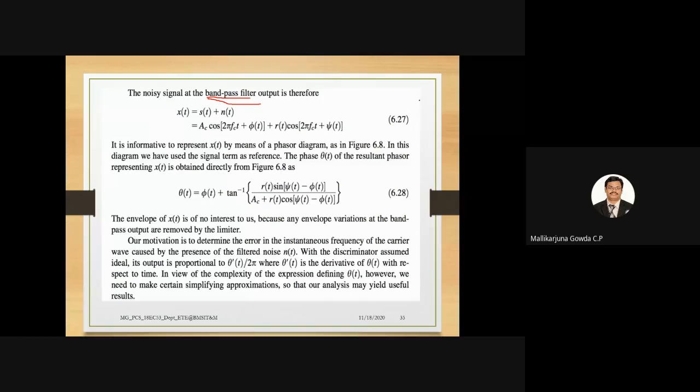This is my S of t, that is A_c cosine of 2 pi f_c t plus phi of t. And this one is my n of t, written in terms of its envelope and phase. So this is the output of the band pass filter.